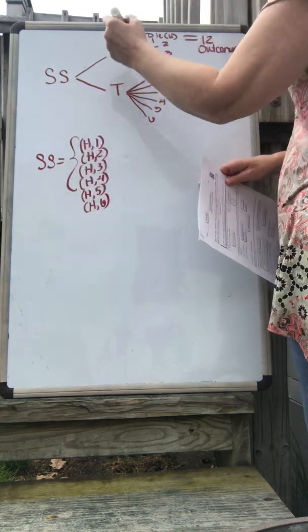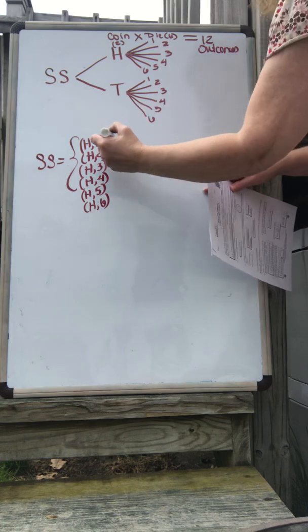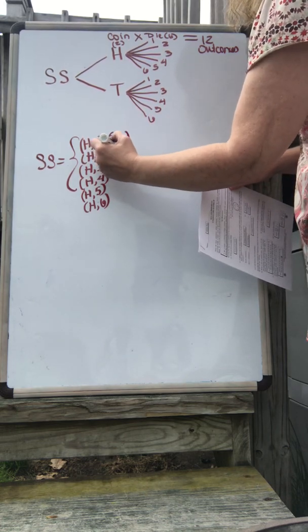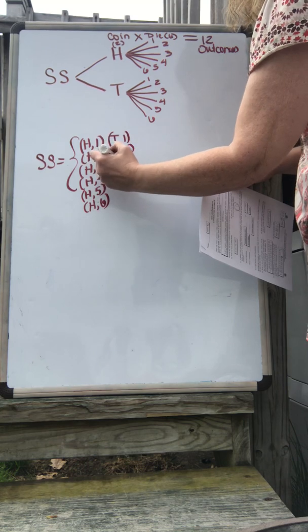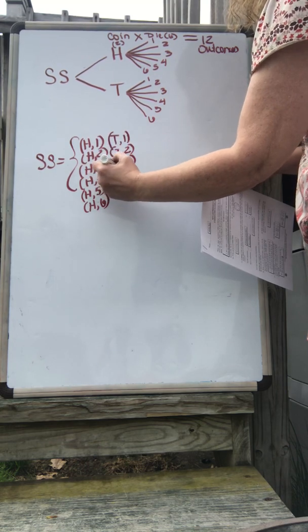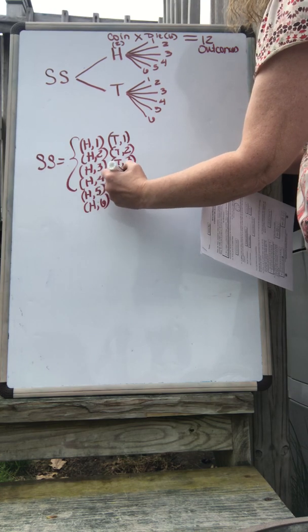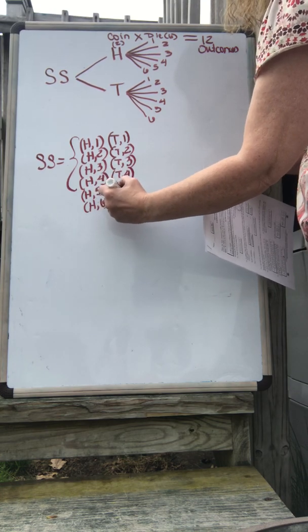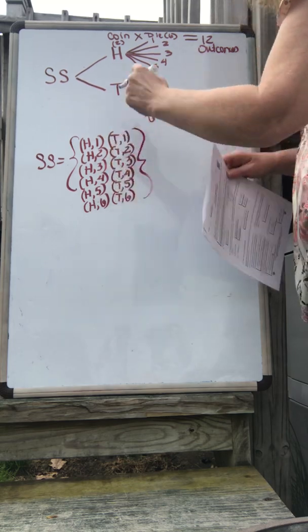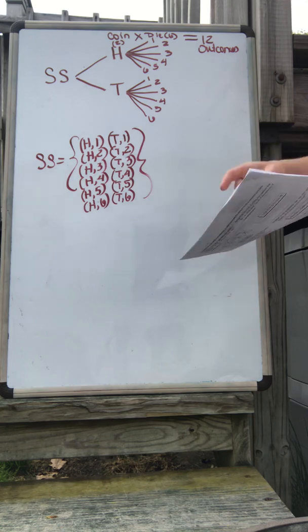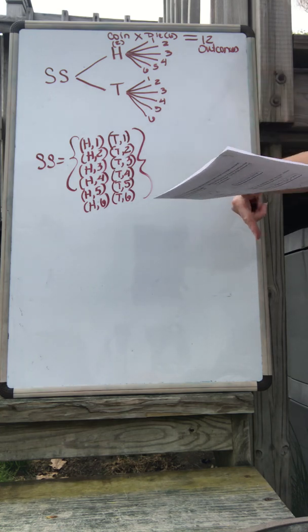So here is the first 6 branches, or tails with 1, tails with 2, tails with 3, tails with 4, tails with 5, and tails with 6. Either sample space is fine. You don't have to do both. You just have to do one, but you have to be able to read what you wrote.